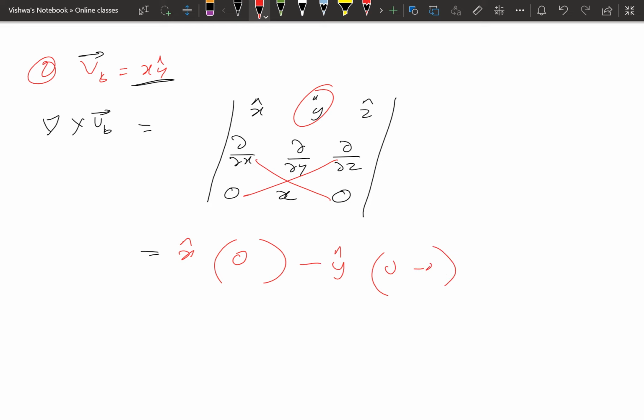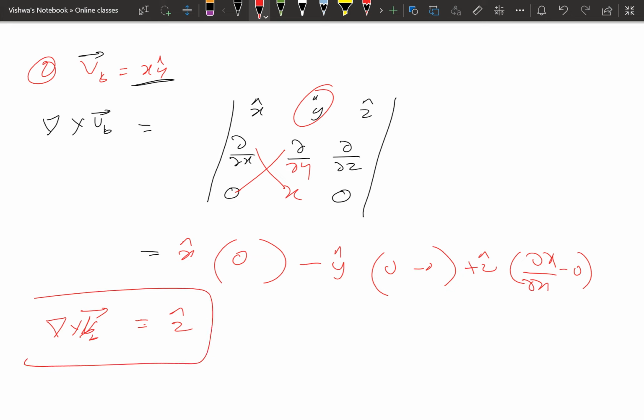The third term is z cap: dou by dou x of x minus dou by dou y of 0 is 0. Dou x by dou x is 1, so it is z cap. The curl of vector field VB is z cap. So like that we have to find the curl and divergence of vector fields.